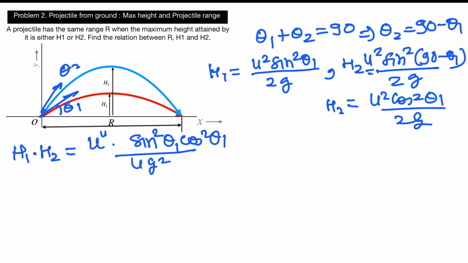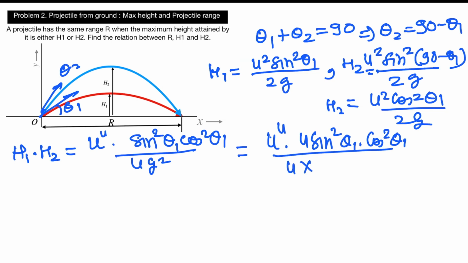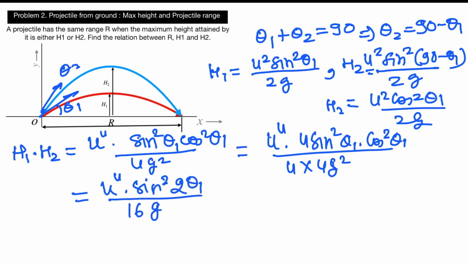Now let's multiply the numerator and denominator with 4. So you will get u to the power 4 times 4 sine square theta 1 cos square theta 1 divided by 4 into 4g square. Now we know that 2 sine theta 1 cos theta 1 can be written as sine 2 theta 1. So this whole expression can be written as u raised to power 4 sine square 2 theta 1 divided by 16g square.